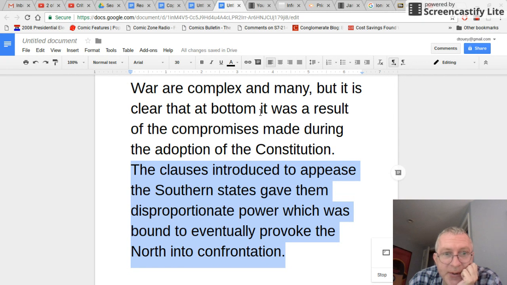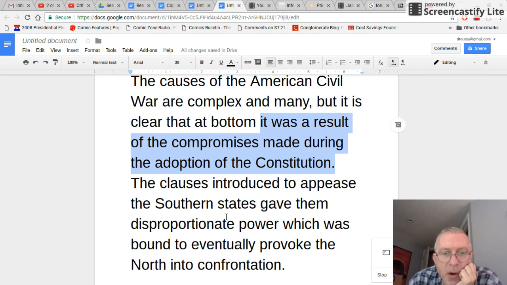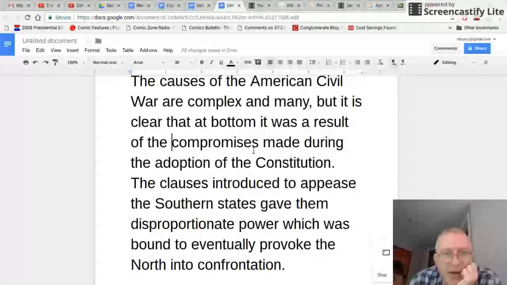That directly relates to this here. So really, we have an argument here that the main cause of the American Civil War was the compromises made during the adoption of the American Constitution.